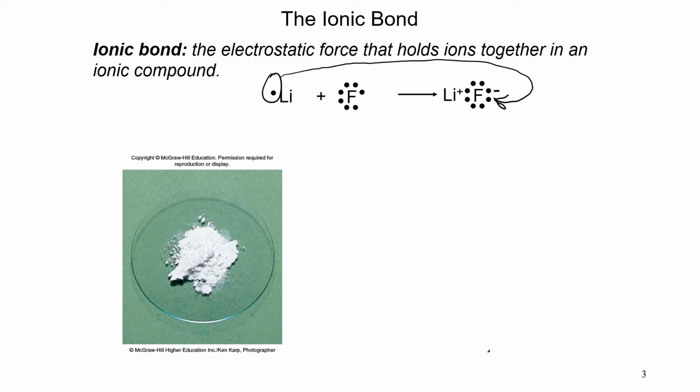Fluorine is one electron away from a noble gas electron configuration, so it gains that electron. So the ionic bond is driven by that desire for each element to have the electron configuration of a noble gas.